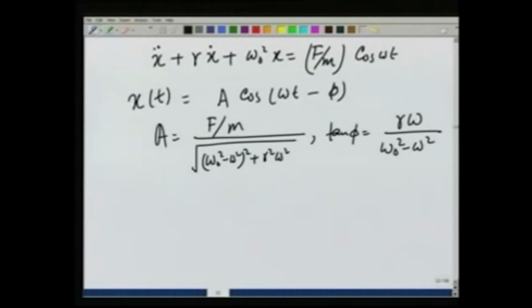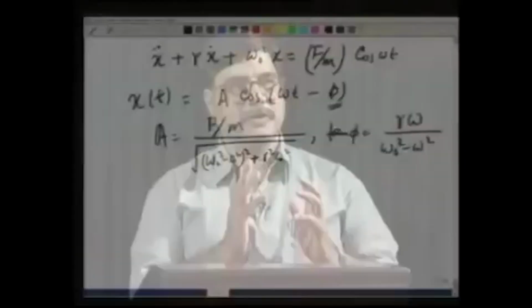Notice that the displacement of the harmonic oscillator is now lagging behind the applied force. It is omega t minus phi. So, it responds slightly later.